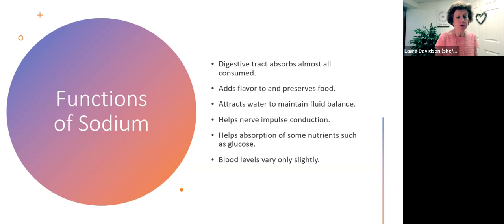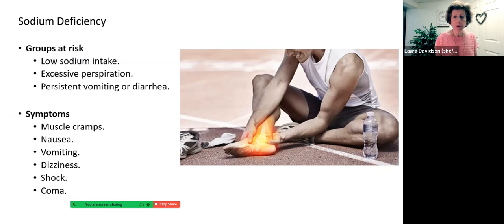And you'll see this common theme throughout, that it's important for nerve impulse conduction and also for fluid balance as well. So as far as deficiency, you wouldn't think this would occur with so many people consuming so much sodium, but it does. Sometimes people just consume very little, and this causes a problem.